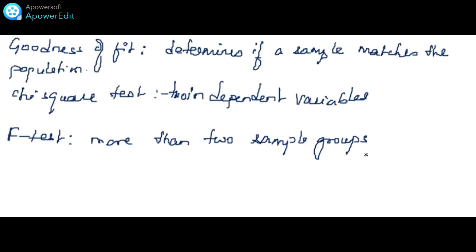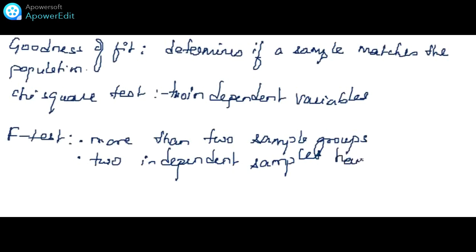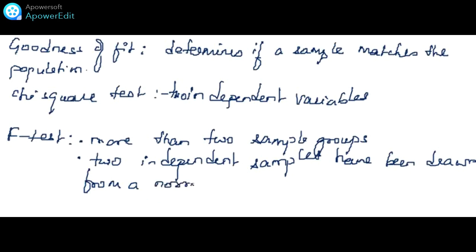F test is about when a researcher wants to test whether two independent samples have been drawn from a normal population with the same variability.